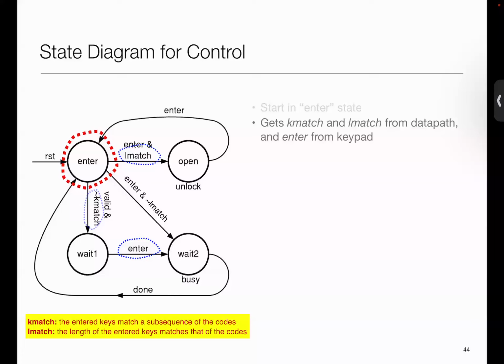L match tells whether the length of the entered keys matches that of the code. So we are keeping track of how many keys the user has pressed. The idea is if the user presses more keys, then we want to reject. We don't want the user to just randomly press keys until we unlock.